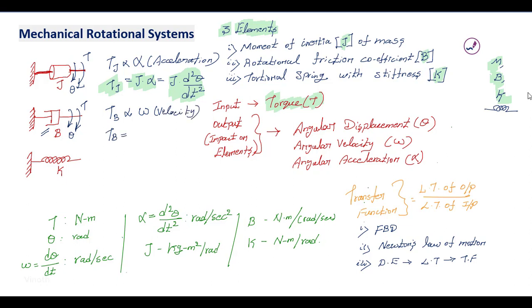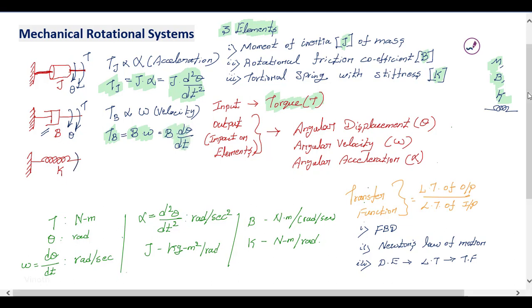Taking the proportionality constant, this is B into omega. Omega, the angular velocity, is nothing but the first derivative of the angular displacement. So this torque is the resultant of the applied external torque to the damper element.